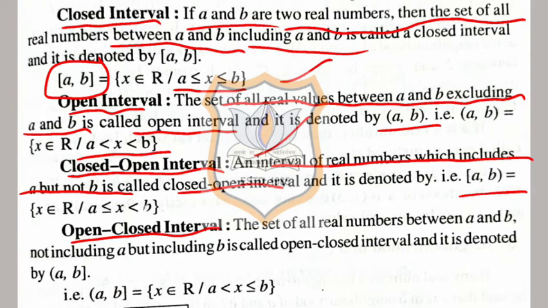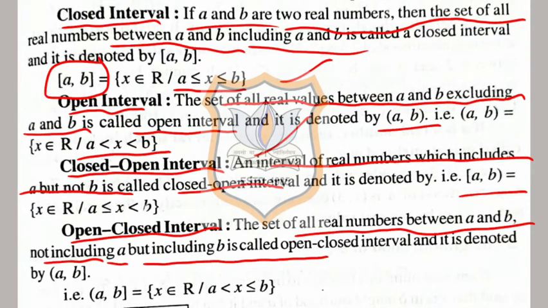Open closed interval means a is not included but b is included. So the set of real numbers between a and b, not including a but including b, is called open closed interval, and it is denoted by open bracket towards a and closed bracket towards b.